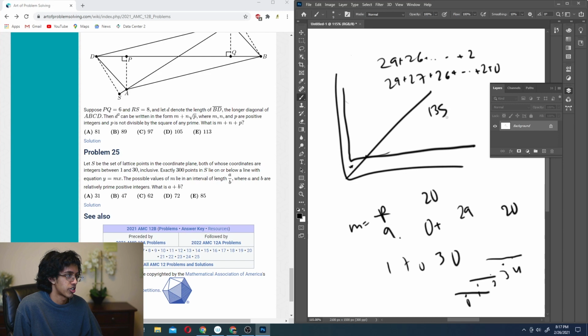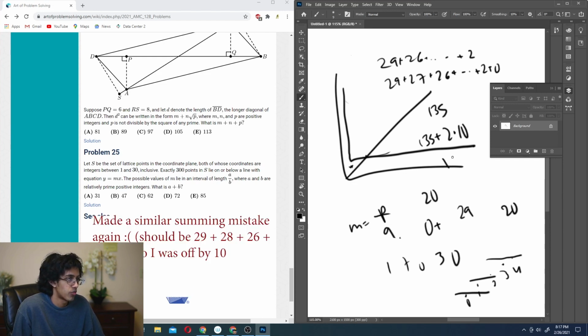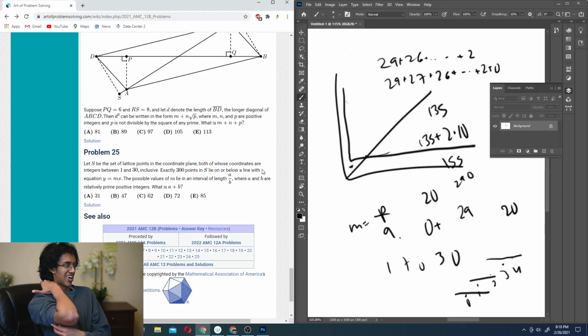And then 29 is just 135 plus 2 times 9, or 2 times 10. Okay, so it's 135 plus 155 gives you 290. Oh yeah, I don't know how to do this one.